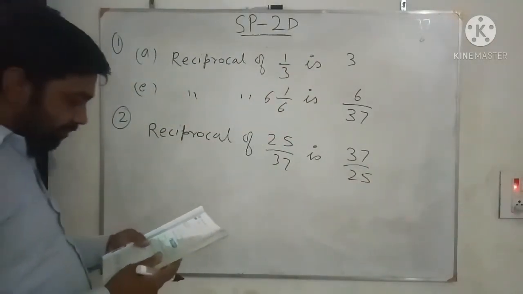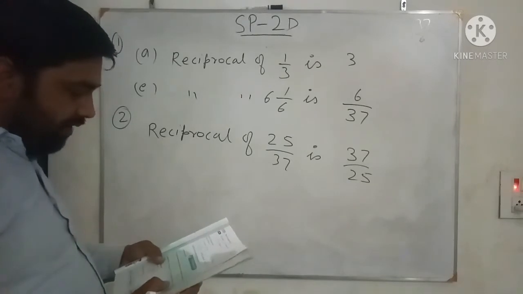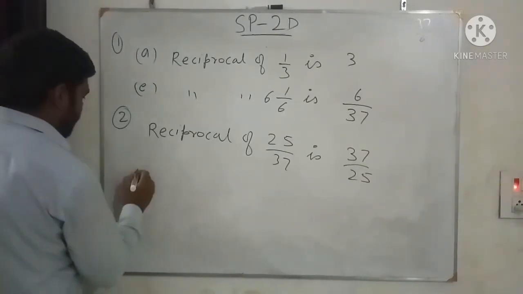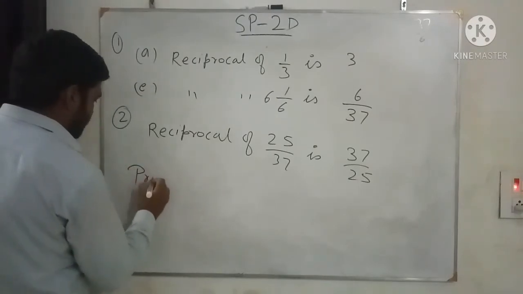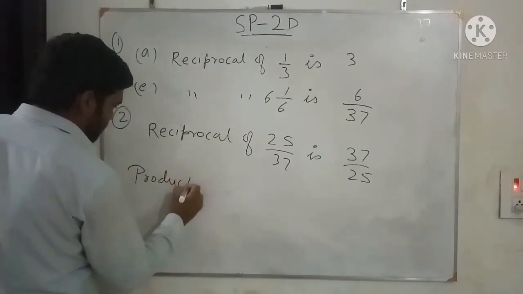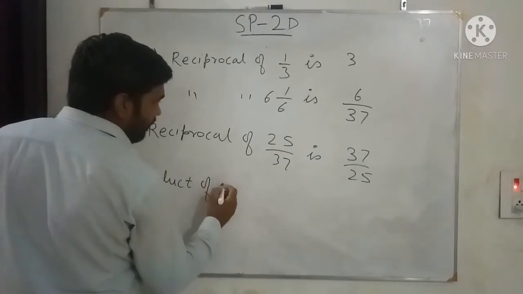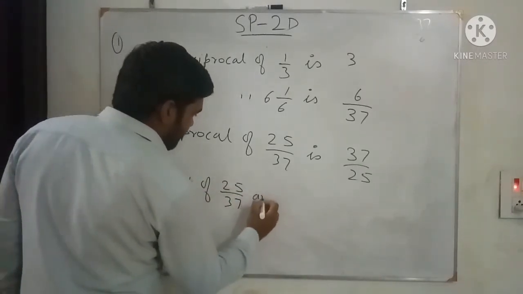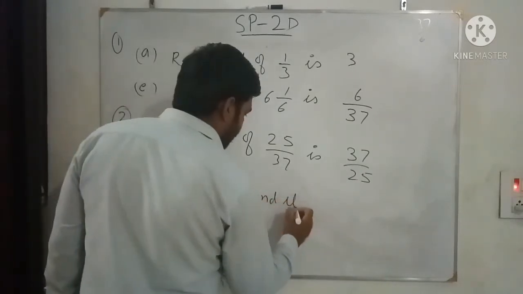And we have to find the product of 25 by 37 and its reciprocal.